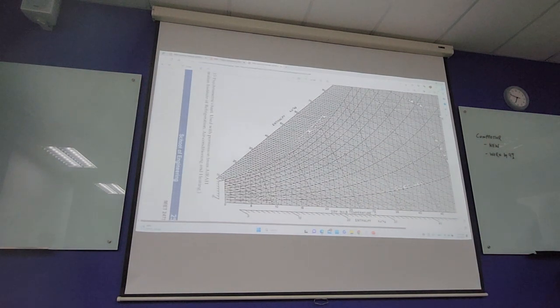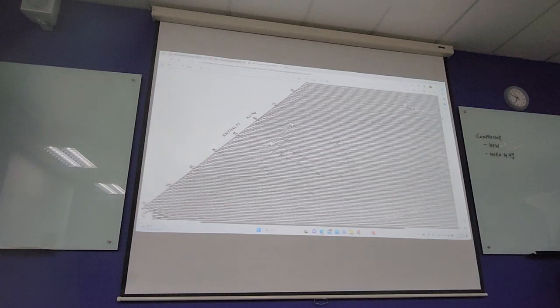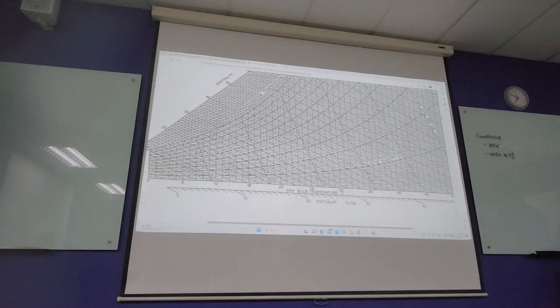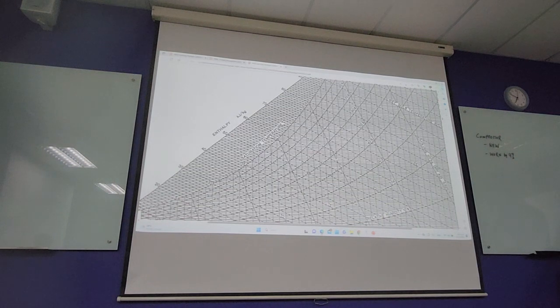Alright, I will try to make it bigger. So we can see this is the 30 degrees; you go vertically up until you reach 78% relative humidity. This is the relative humidity line.